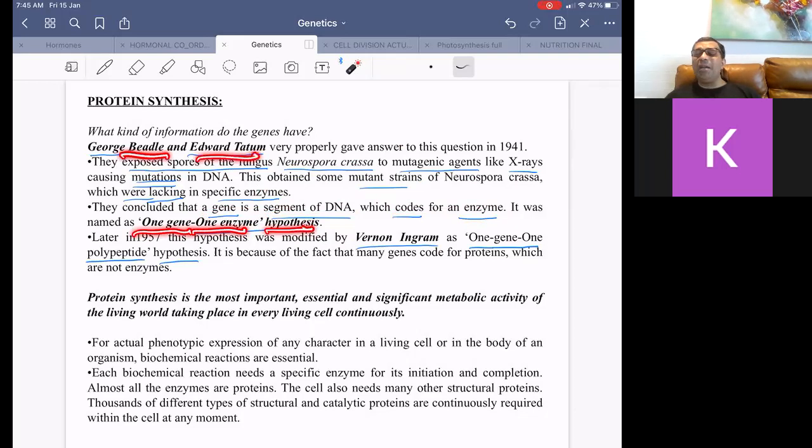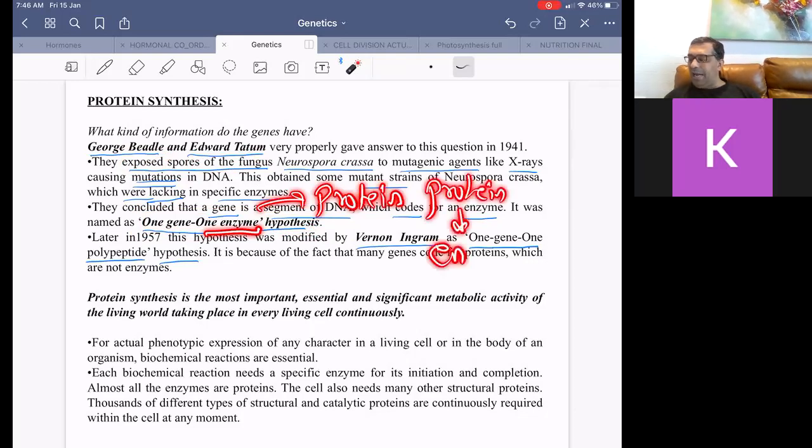ये याद रखना, नीट में बहुत बार पूछा गया है. Who has given the one gene, one enzyme hypothesis? Beadle and Tatum. But later on, scientists proved that every enzyme is a protein, but every protein is not necessarily an enzyme. So, one gene produces one enzyme is wrong.